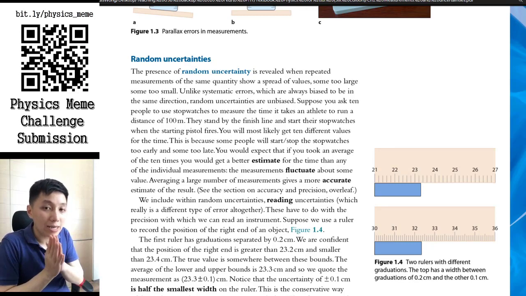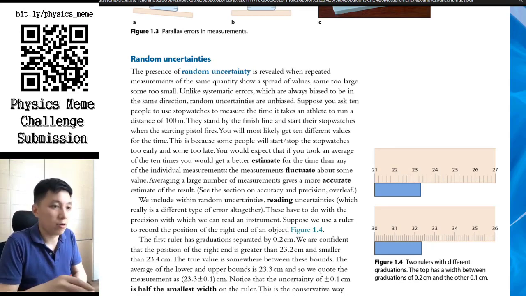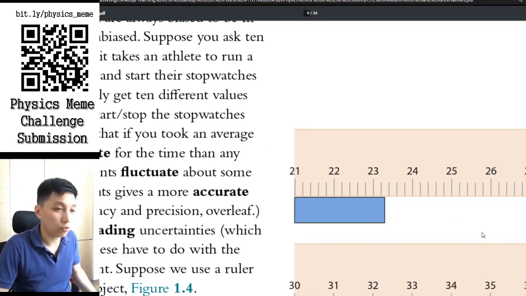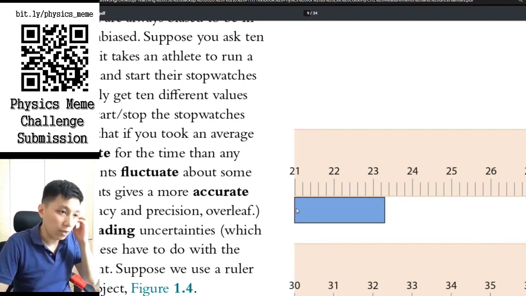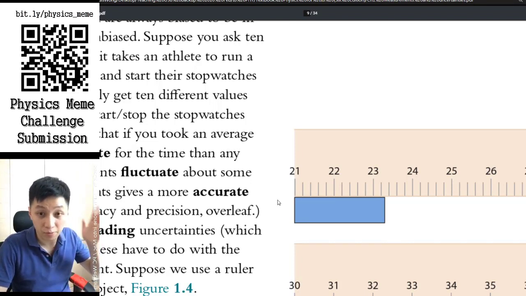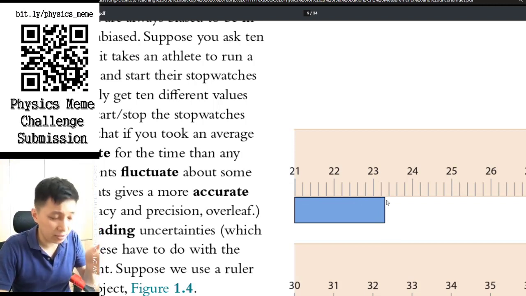In fact, any kind of instrument will produce a random error. If you look at this ruler, let's say the blue object, whatever it is that you want to measure, and assuming it starts from 0, here you can see the ending part, this line is in between the markings of 23, I think this is 23.2 and 23.4.